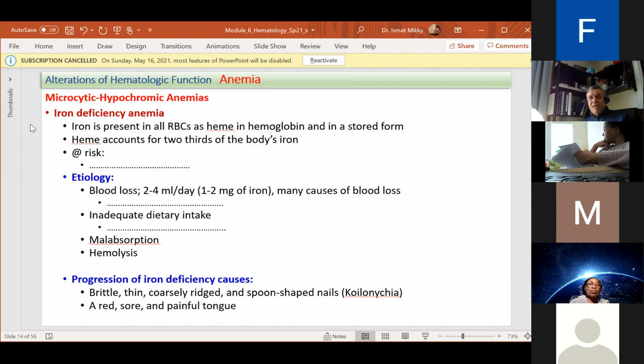Sometimes it's challenging to differentiate between iron deficiency and vitamin B12 deficiency until you review the blood values and lab results.